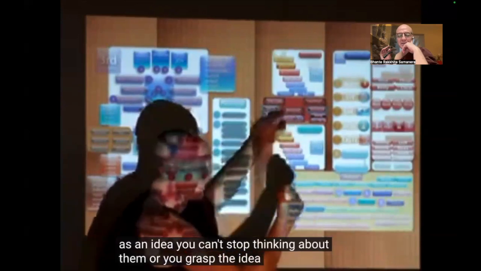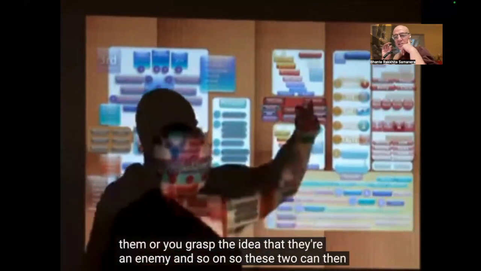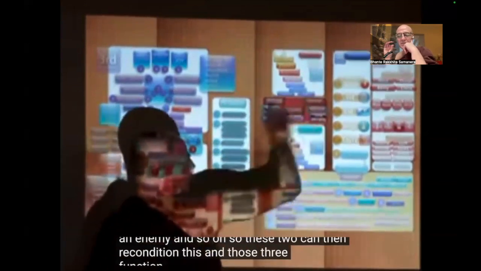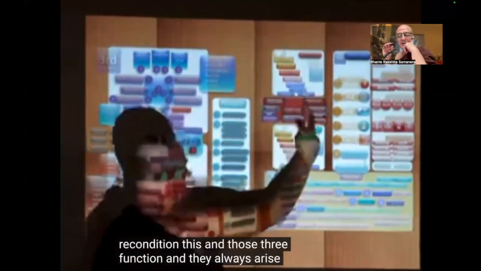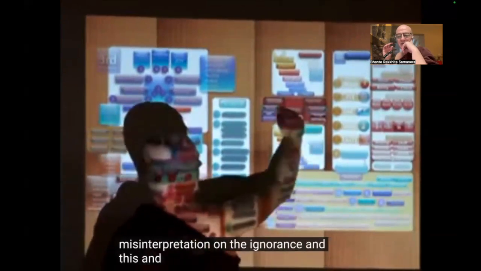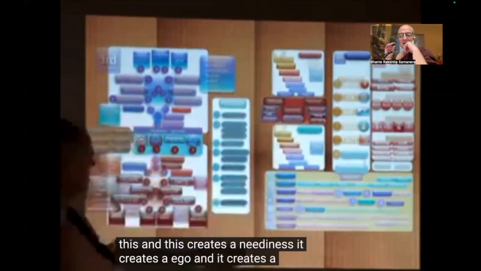You can't stop thinking about them, or you grasp the idea that they're an enemy, and so on. So these two can then recondition this. And those 3 function, and they always arise together. Misinterpreting on the ignorance, and this creates a neediness, it creates an ego, it creates a resistance.